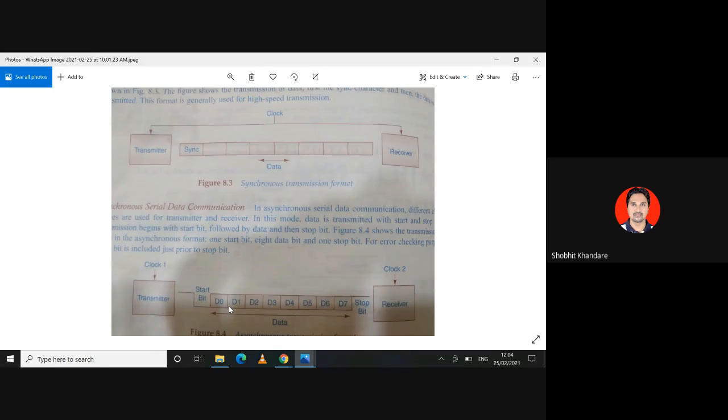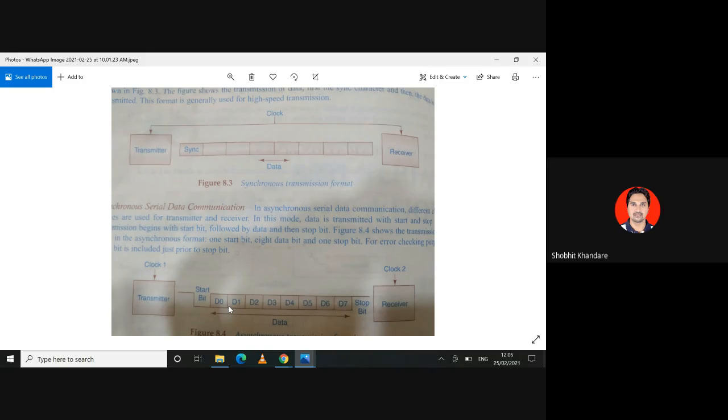If I take its reciprocal, 1 upon 9600, that is 1 second divided by 9600, it gives 0.104 millisecond. What does this mean? It means the time taken to send one bit is 0.104 millisecond.